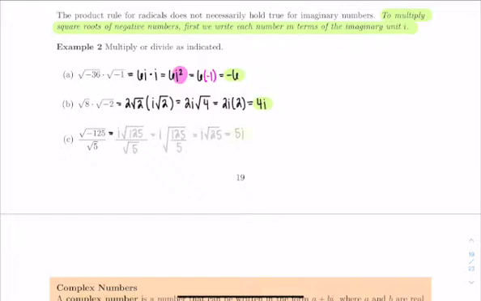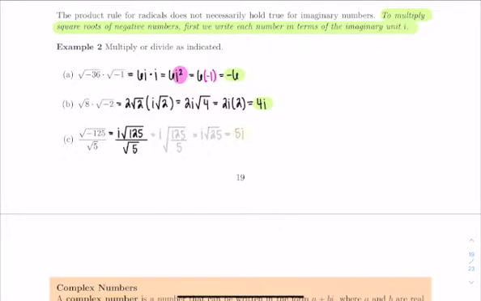Let's go ahead and try another one. We have the square root of negative 125 over the square root of 5. So I'm going to rewrite the top as i times the square root of 125 over the square root of 5.